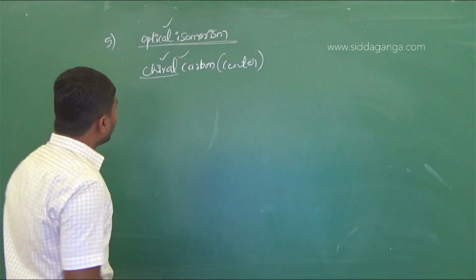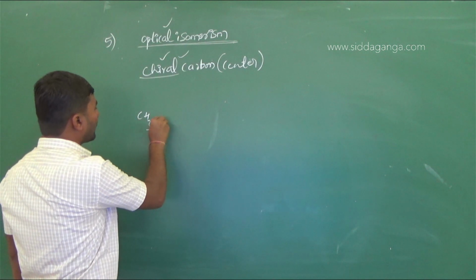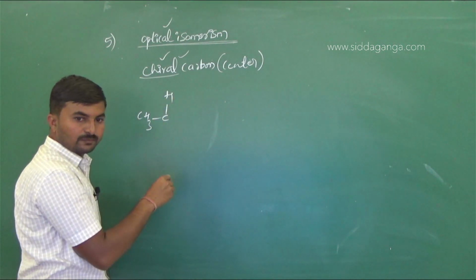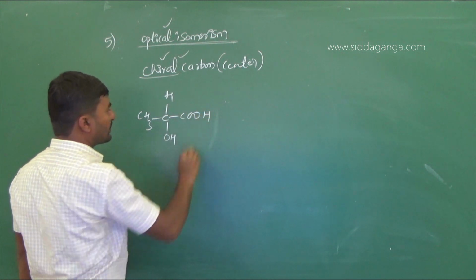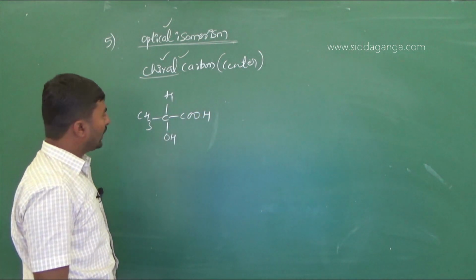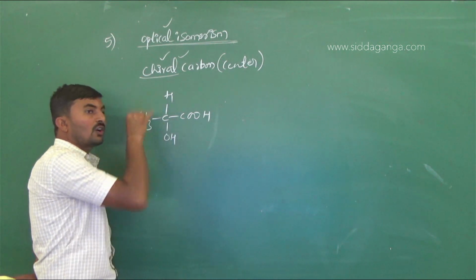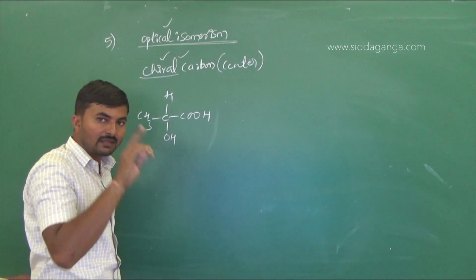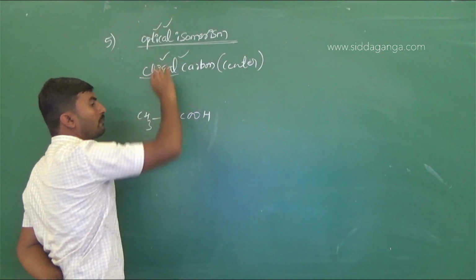Okay, first one, what is the first option they have given? CH3, CHOH, COOH. We have to identify whether the carbon attached here is a chiral carbon or not. That is the minimum condition, that the carbon must be a chiral carbon to show optical isomerism.